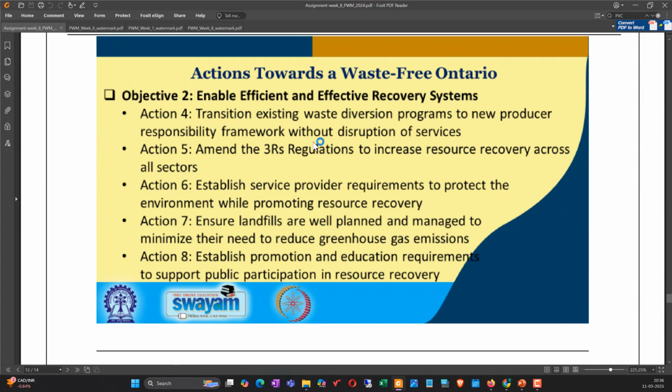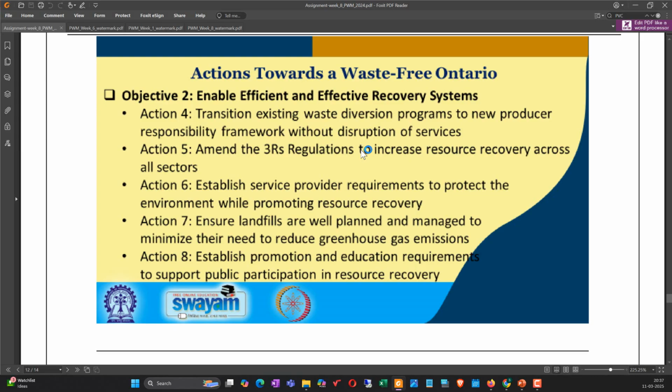So these are some actions toward the waste-free Ontario, and here is objective two, where this enables efficient and effective recovery systems. So this was action 4, where transition existing waste diversion programs to new producer responsibility framework without disruption of service.